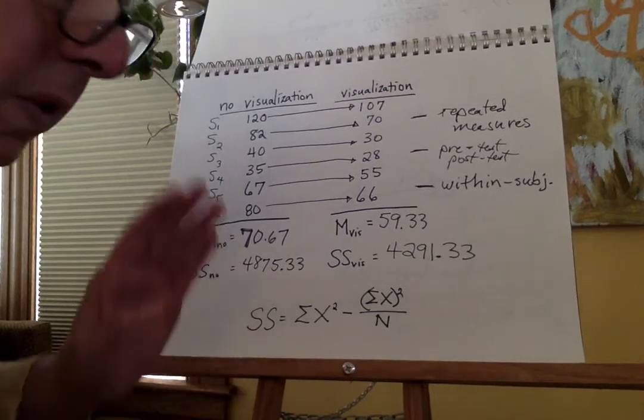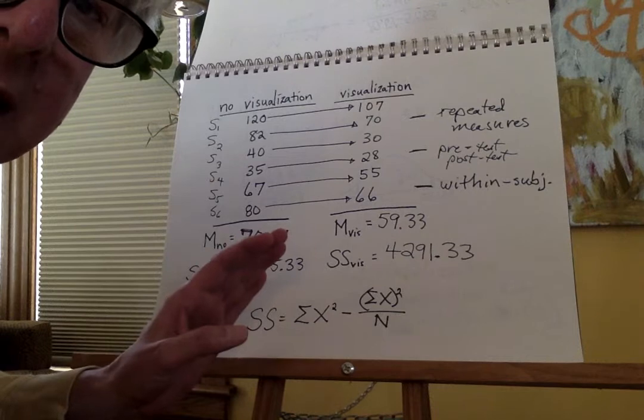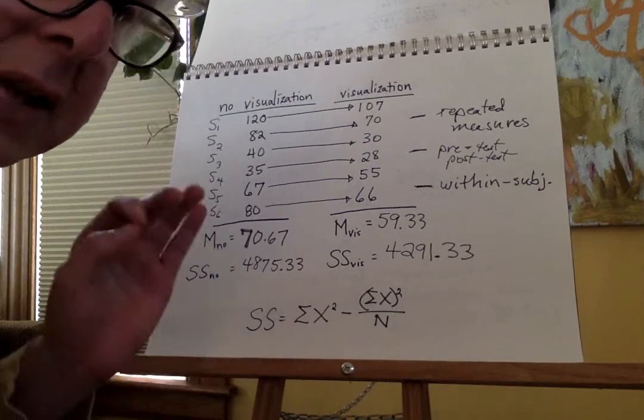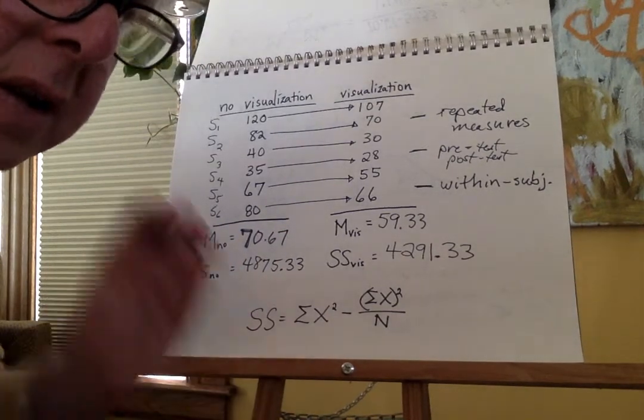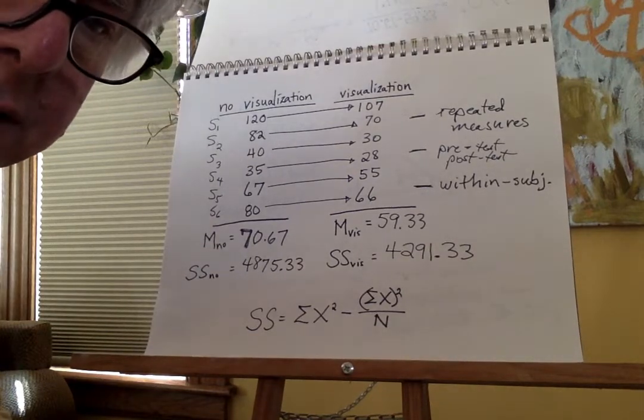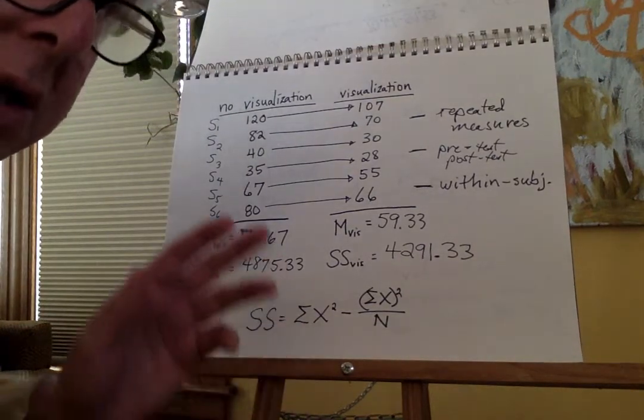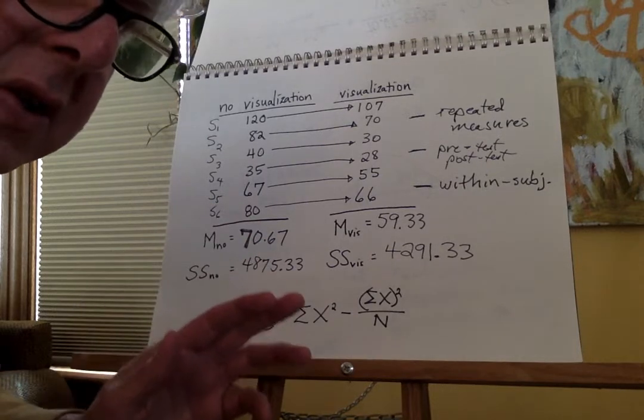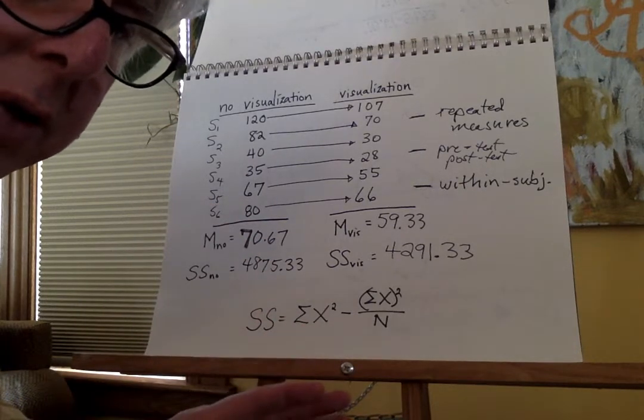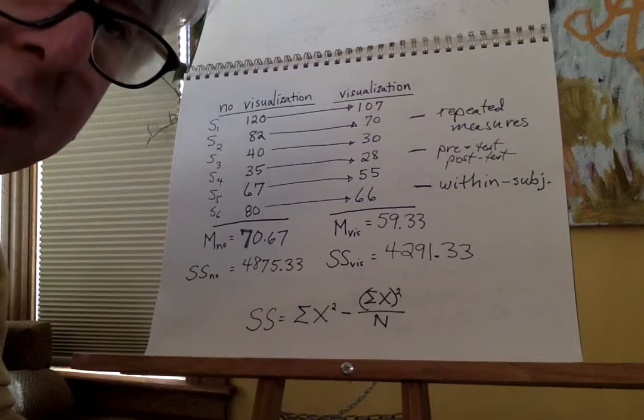And if you do this design, then the t-test that we did is not the correct t-test, okay? So you have to decide on the t-test you want to do based on the research design.